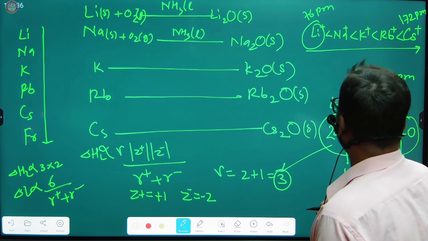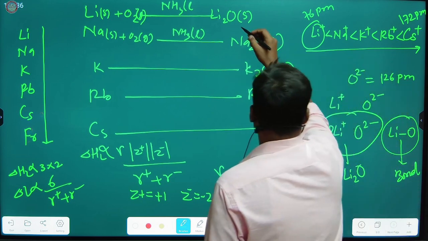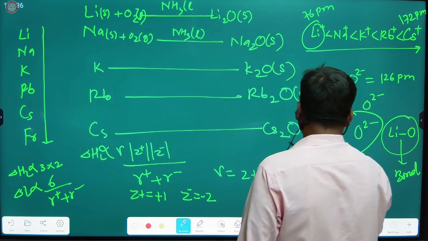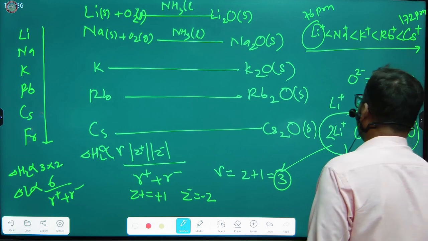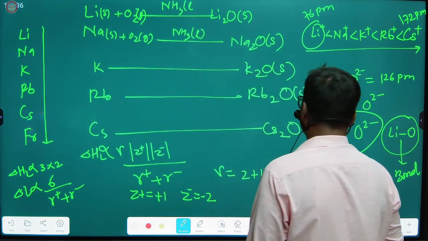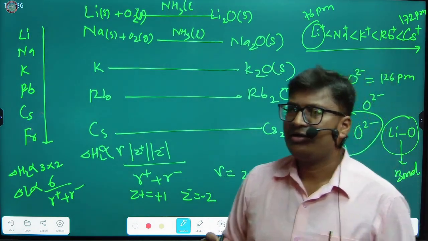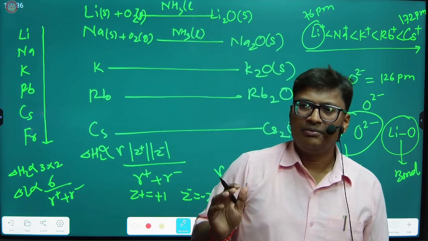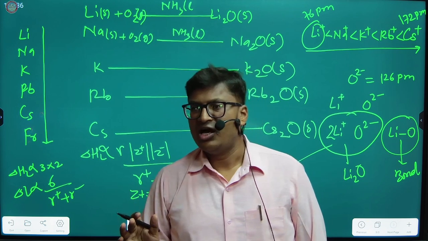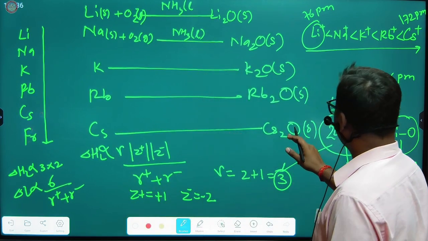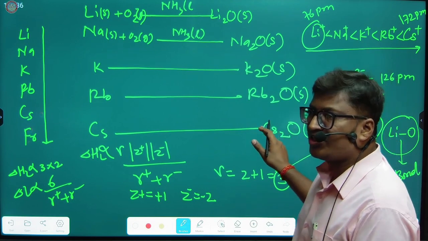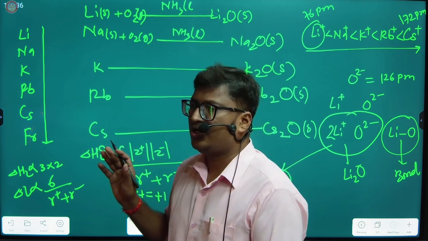Okay, but once you move from lithium monoxide to cesium monoxide, the stability decreases because of the larger cations, and you know that larger cations actually prefer to stabilize larger anions. Okay, so cesium plus is the largest cation in the group 1 alkali metals.